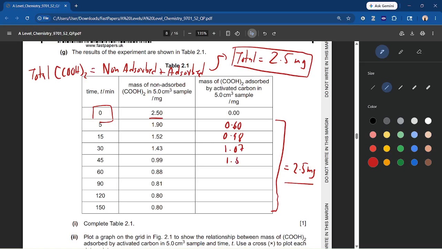Okay, so it's basically 1. Yeah, that makes sense. Okay, 0.88, this becomes 1.62, 0.81, 1.69, this becomes 1.70, and this becomes 1.70. So you're noticing that it sort of peaks after a point. That's a very interesting finding.